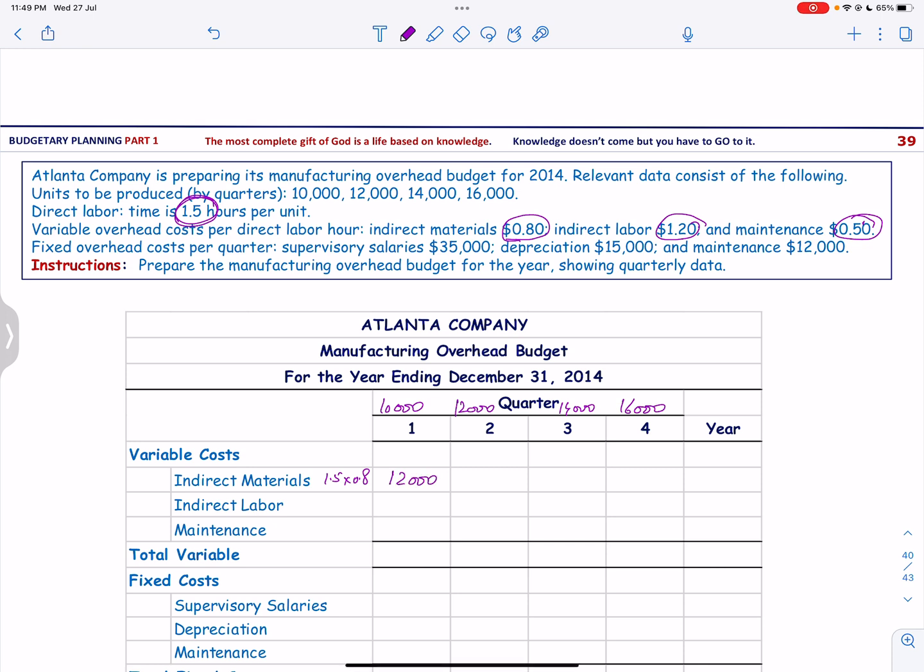For the second quarter, it will be 12,000 times 1.5 times 0.8, that is 14,400. For the third quarter, again 14,000 times 1.5 times 0.8, so that will be 16,800 and 19,200. So the total will be 62,400.